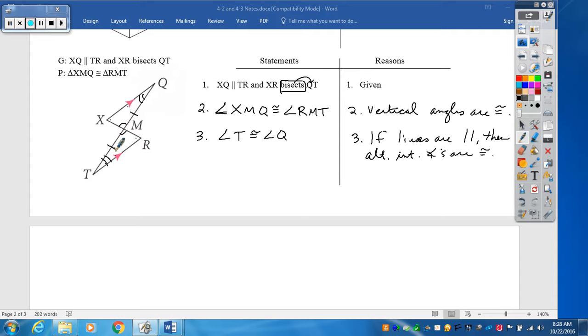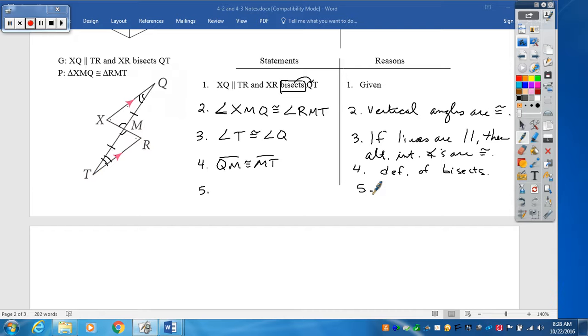Okay. So I'm going to put down here for step number 4, QM is congruent to MT, definition of bisects. Okay. Because they cut the segment in half, those two segments have to be congruent.